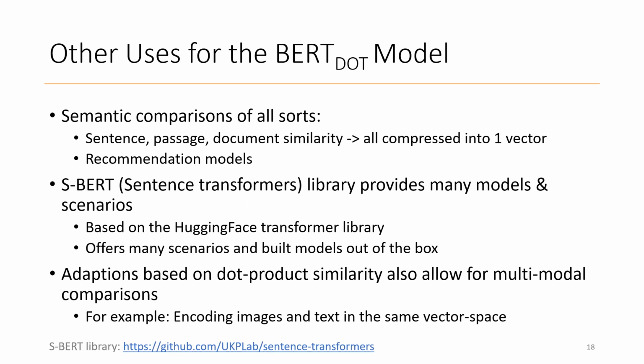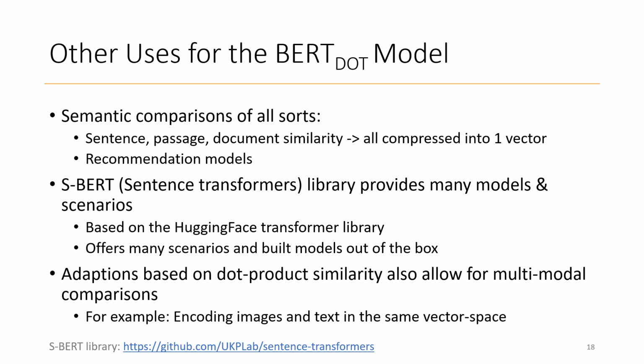The BERTDOT model, or the abstract architecture of BERTDOT, can be used for all sorts of semantic comparisons. For example, we can compare sentences, passages, or documents to each other, all compressed into a single vector. A lot of recommendation models also work with the same idea in mind.